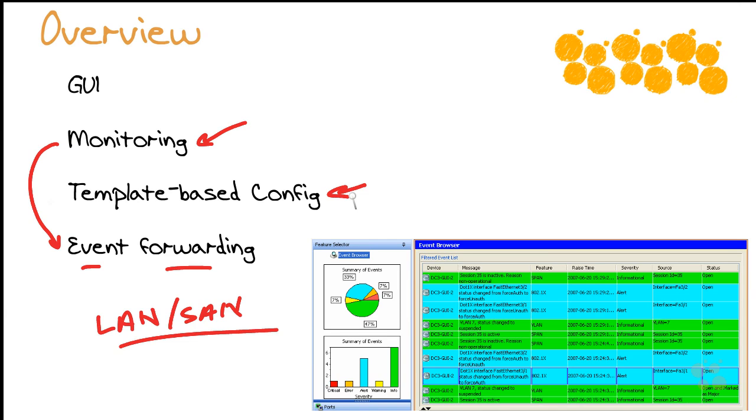Now, don't forget that we do have configuration capabilities with the DCNM. And these capabilities really are powerful because we can utilize templates for consistency as we're configuring the environment with this tool.